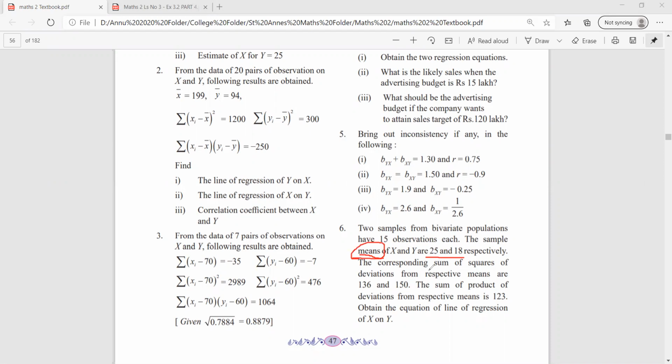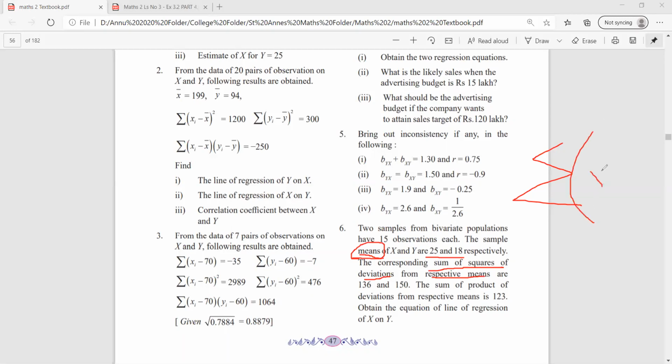The corresponding sum of squares of deviations from respective means. Now sum means total of or summation you can say. Squares means x ka square and y ka square. And deviation means the difference. And difference in mathematics is represented as a minus.